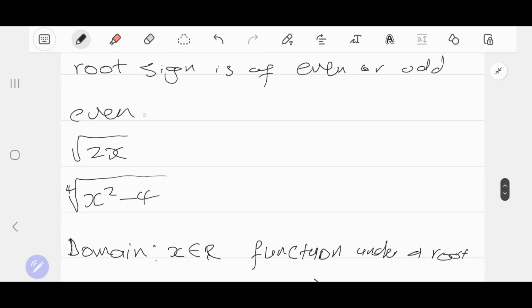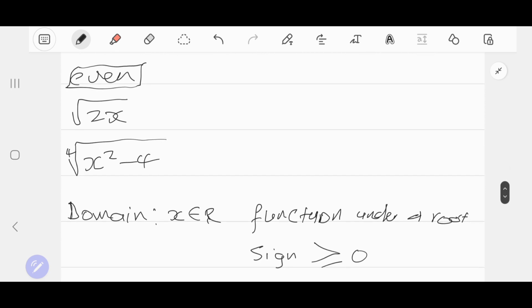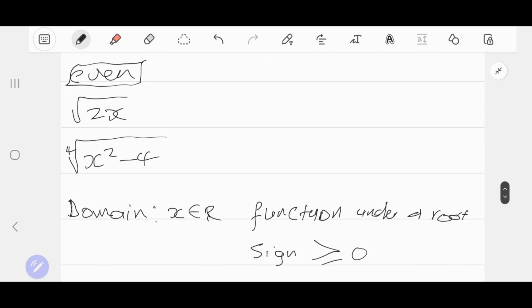If the root sign, people, is of an even number, then the domain is that x is an element of real numbers such that the function under a root sign, people, must be greater than or equal to 0.